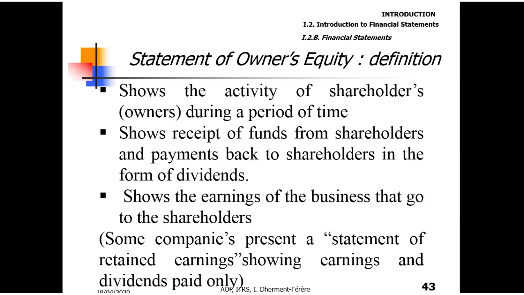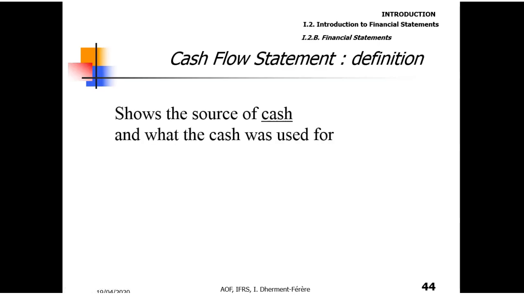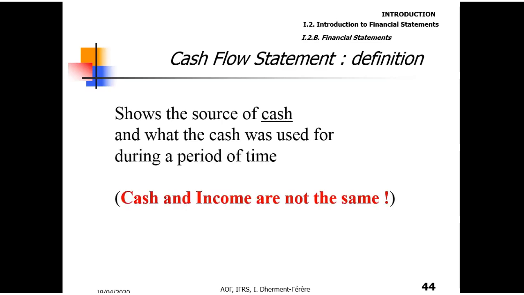Some companies present a statement of retained earnings showing earnings and dividends paid only. And what is a cash flow statement? The cash flow statement shows the source of cash and what the cash was used for during a period of time. Warning: cash and income are not the same.